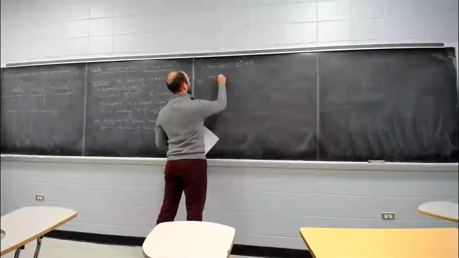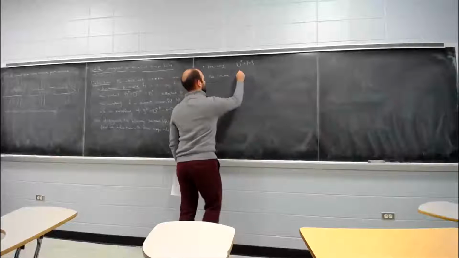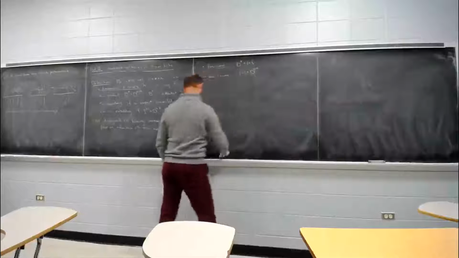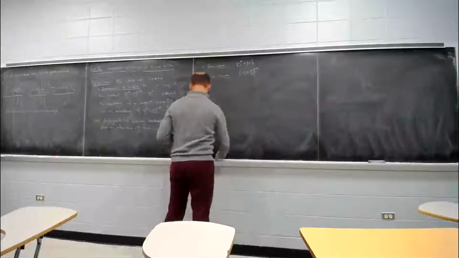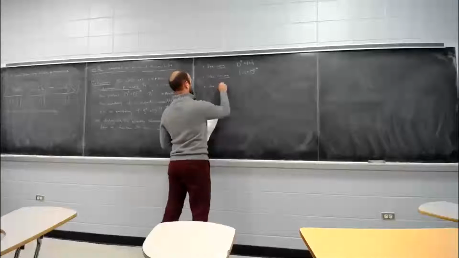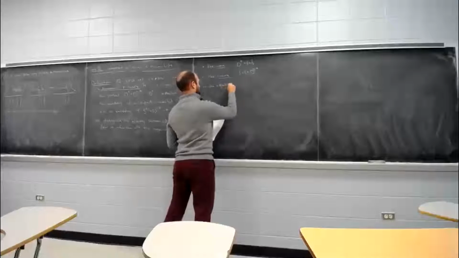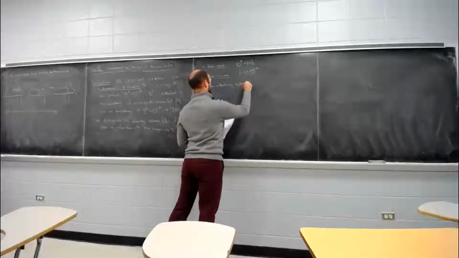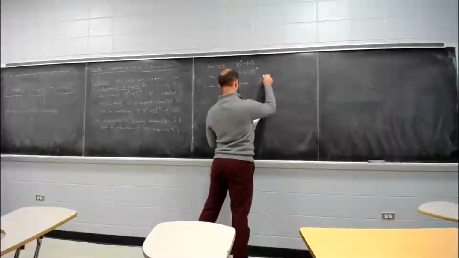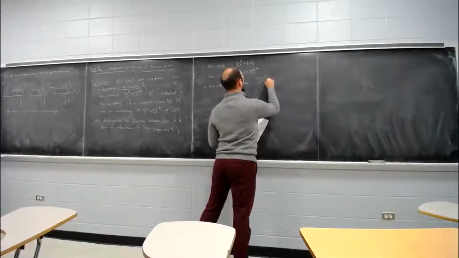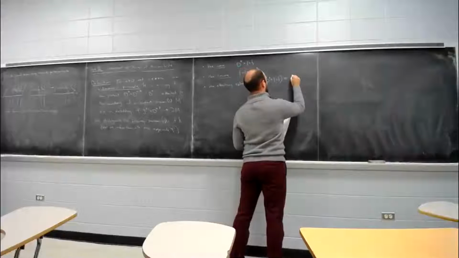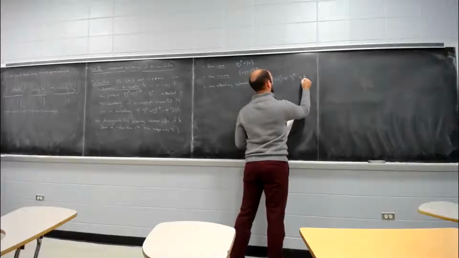The cocore, which is 0 × D^(n-k). The attaching sphere, which is the boundary of the core, which is S^(k-1).